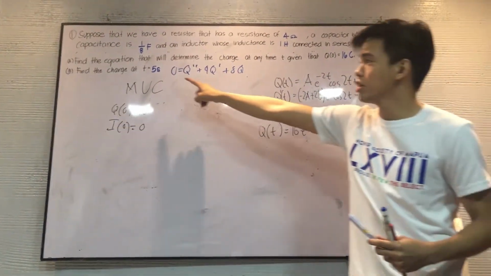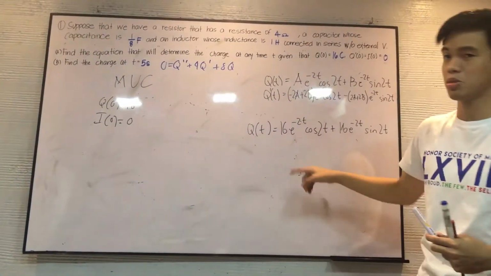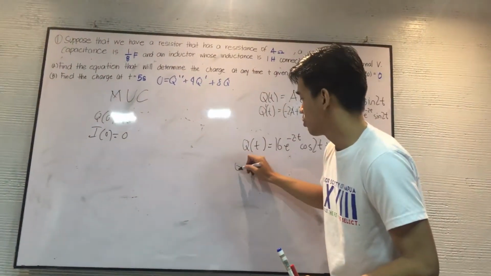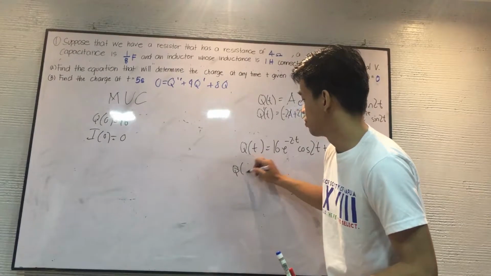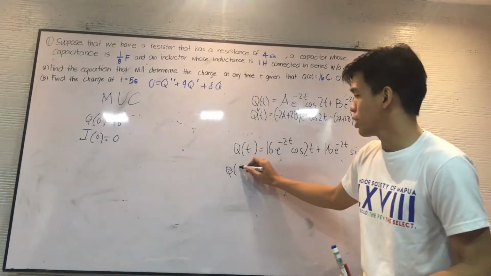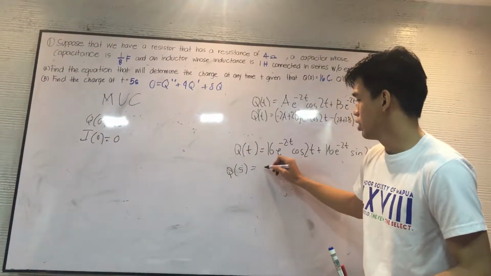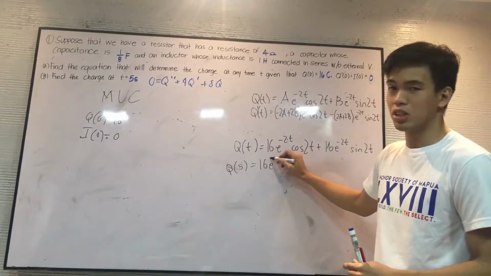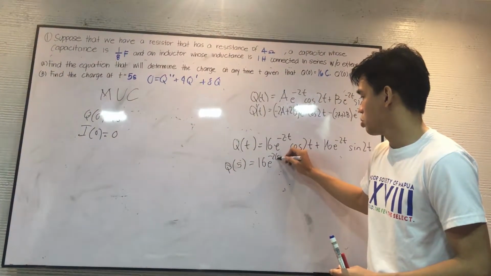In order to determine the charge at 5 seconds, we only have to substitute t with 5. In the equation, any t that you can see, just substitute it with 5.